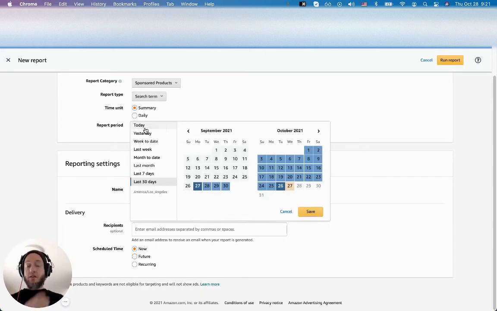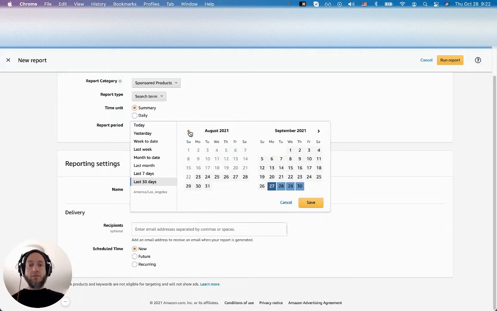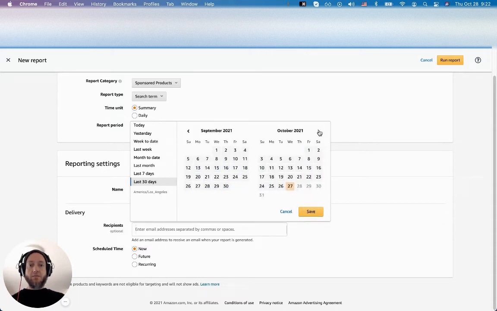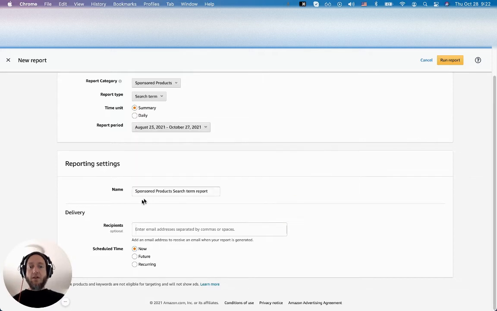I like to get as much time as I can, especially the first time I'm moving a campaign down the funnel. I think it's 60 days by default, so just click up to whatever the current day is, save that, and run the report. It shouldn't take too long to generate.